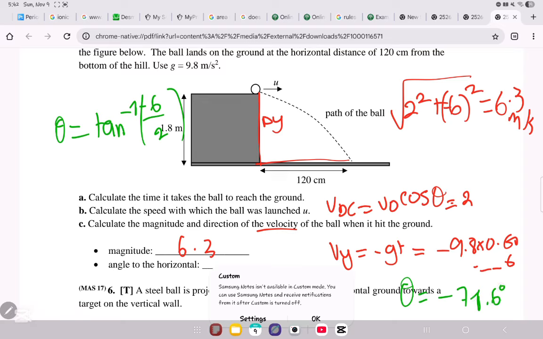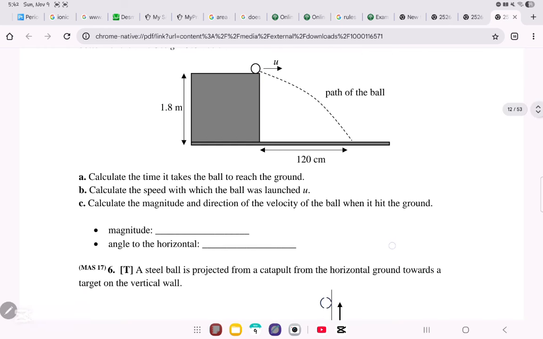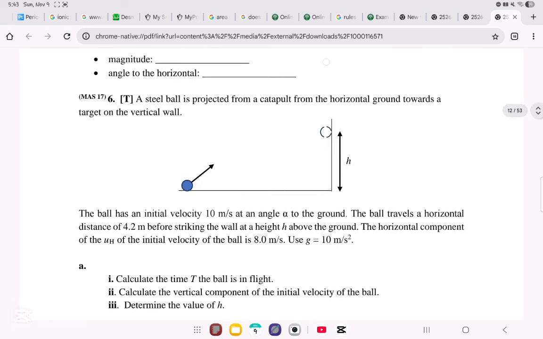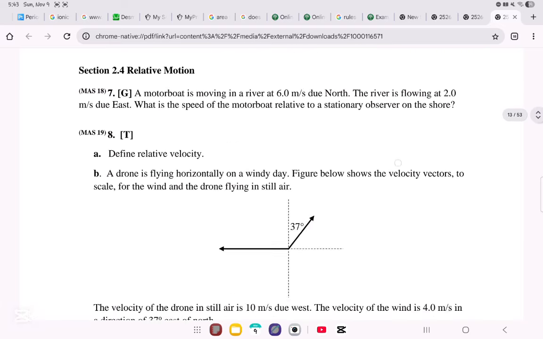Of course, you could put it like this, or you can add 360 to it, and you'll get 288.4 to get a positive answer. So whatever they said is wrong. It's not 76, it's 71.6. We move on to the 6th top question.